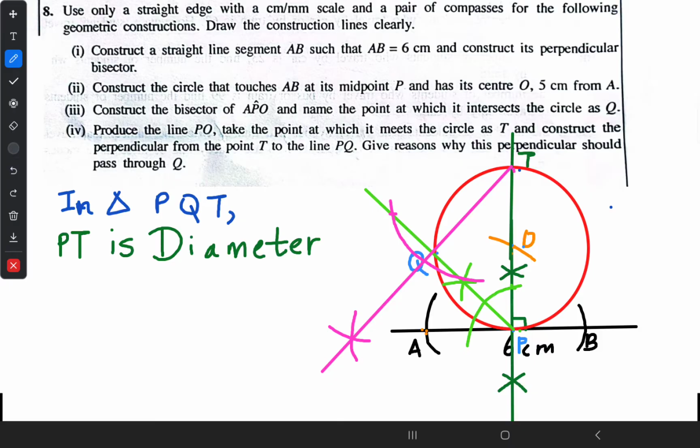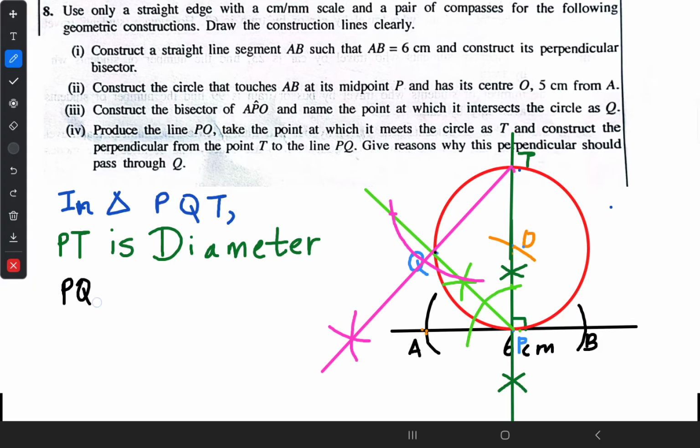That's why the perpendicular line from T is exactly going through this point Q. Then you should write that properly in your own words. No need to write any explanation with particular words. So you can easily write that reason.